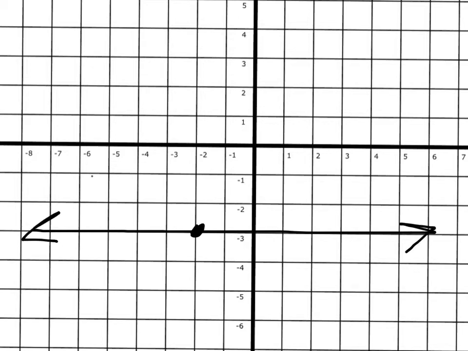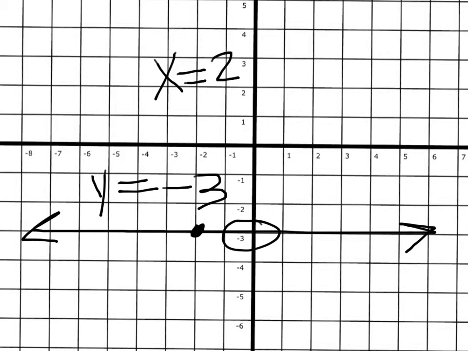Horizontal lines are y equals whatever the intercept is of the y-axis. That's -3. So if you remember that, you can do that problem really quick. If you were to ever have a vertical line, vertical lines are x equals something. So if it were x equals 2, that's a vertical line.